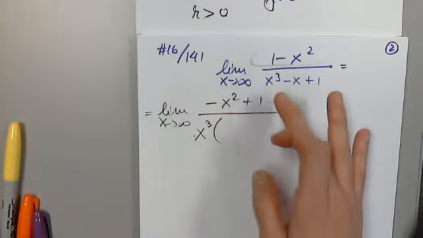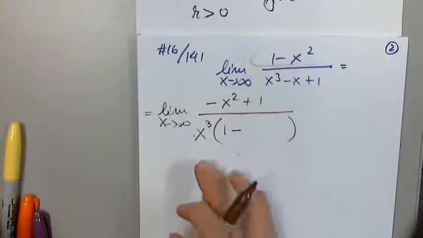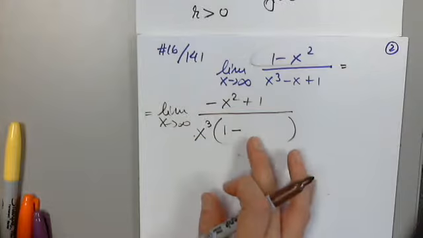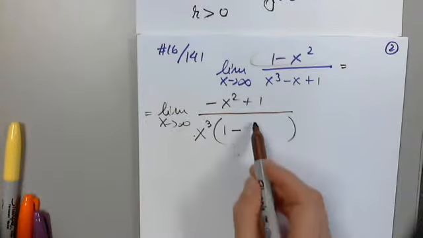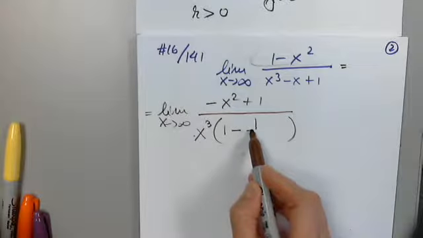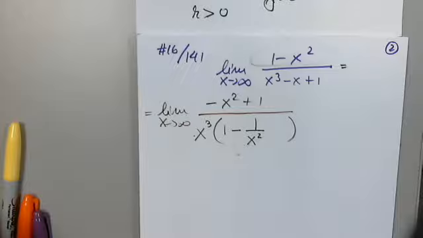X cubed times what is x cubed? 1 minus x cubed times what is negative x. X cubed over x squared will be x. Agreed? Plus.